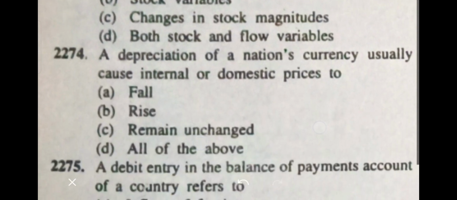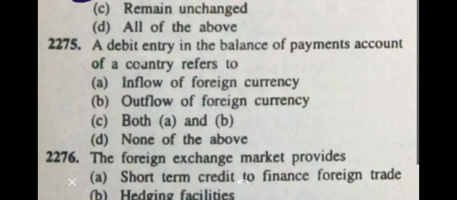A depreciation of nation currency usually cause internal or domestic price to rise. A debit entry in the balance of payment account of a country refers to outflow of foreign currency.